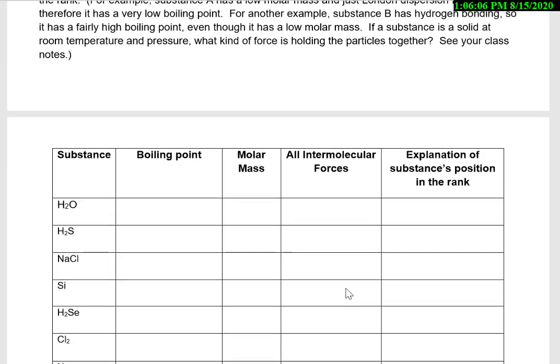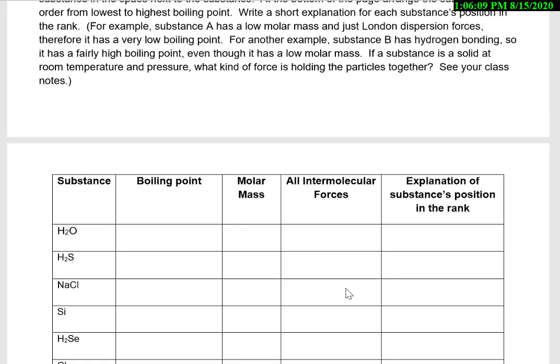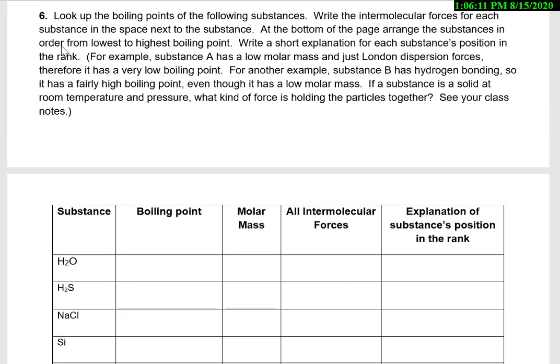And then lastly, you'll get to this number 6, and the instructions are up here. What I want you to do is actually look up the boiling points. So you can Google, look these up. So you'll look up the boiling point for these different substances. You'll calculate the molar mass using the periodic table. You'll list the intermolecular forces that are in them.